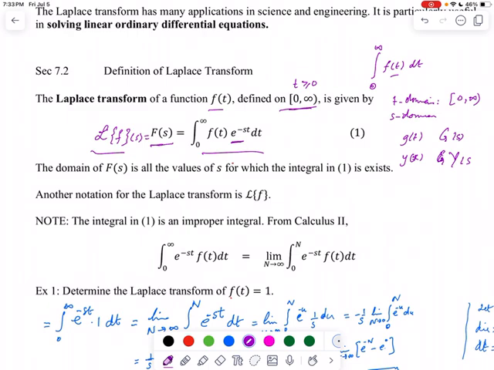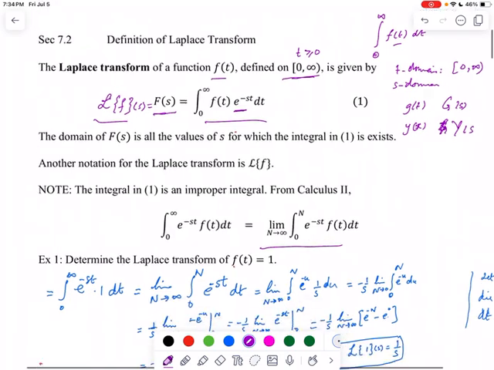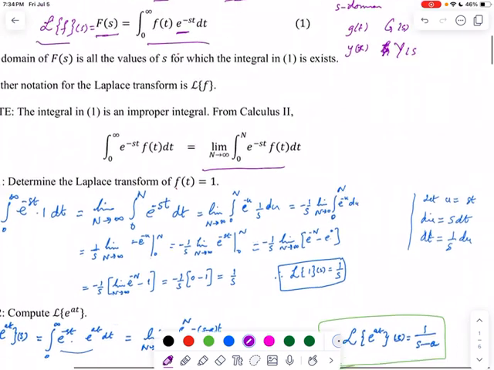Whatever the function name, the uppercase is the name we use for the Laplace transform. The domain of F of s is all the values of s for which the integral in 1 exists. Note that this integral is an improper integral, and from calculus we can write it as a limit and do our usual process to evaluate it.